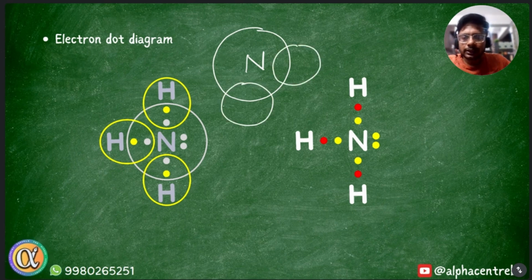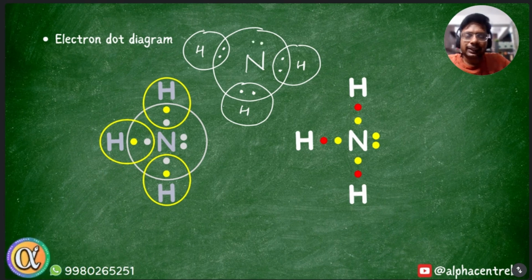So draw three circles for hydrogen, such that the nitrogen circle is overlapping with each of the hydrogen circles, and now hydrogen shares one with nitrogen. So this is one from hydrogen, one from nitrogen. Again, one from hydrogen, one from nitrogen, one from hydrogen, one from nitrogen. Nitrogen still has two more electrons which it is not sharing, because nitrogen is only sharing three out of the five electrons it had. And this is how we draw the electron dot diagram.